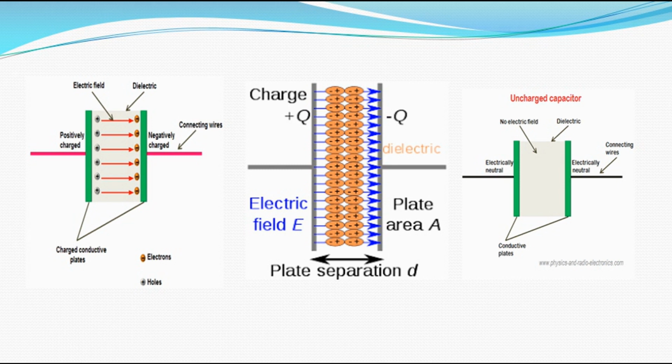So in that case, these two things that you are seeing here are called charge conductive plates. The positive is called holes, while the negative is called electrons.